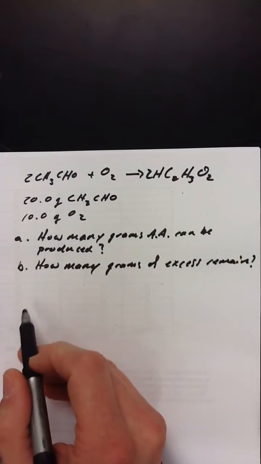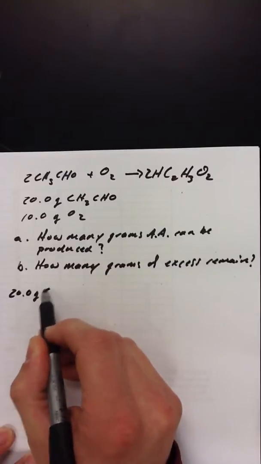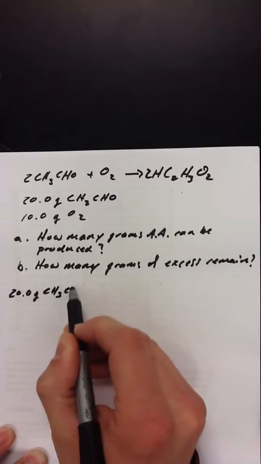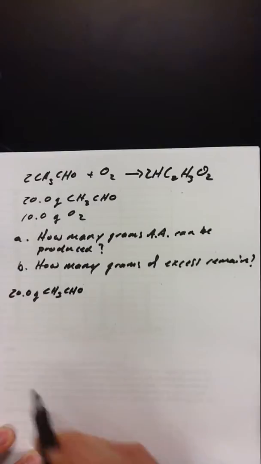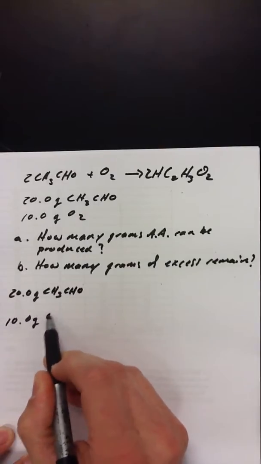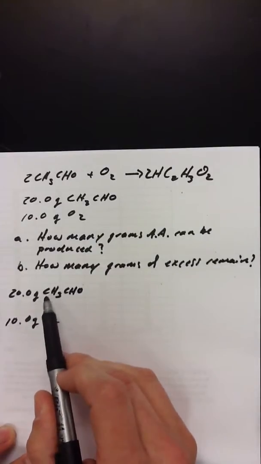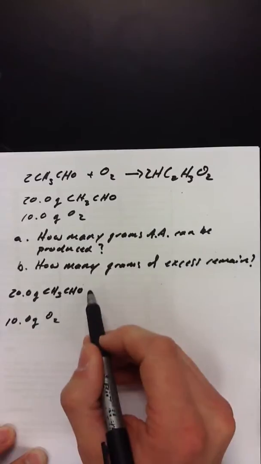So let's start with what we know. We have 20 grams of acetaldehyde, and we have 10 grams of oxygen. We're going to do this simultaneously. We're going to convert from grams of acetaldehyde to moles of acetaldehyde.